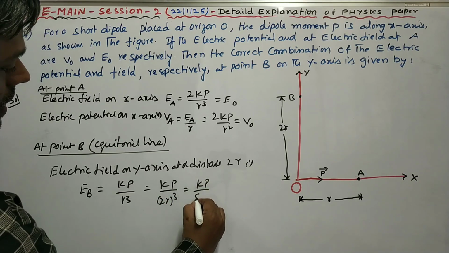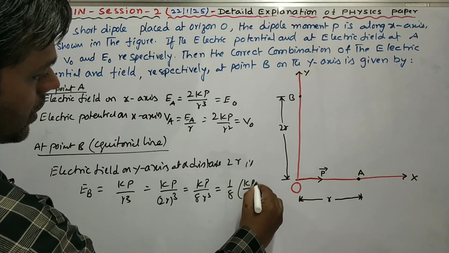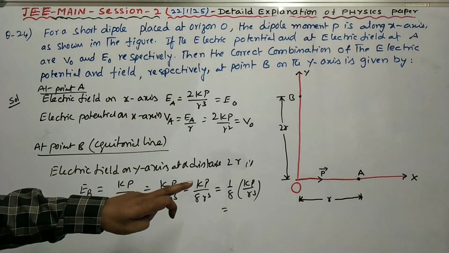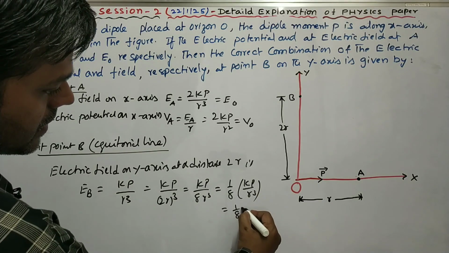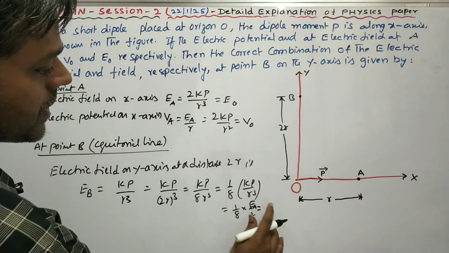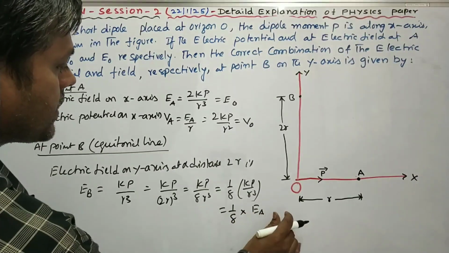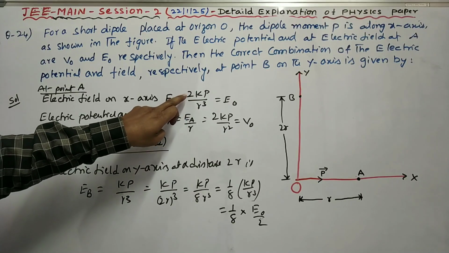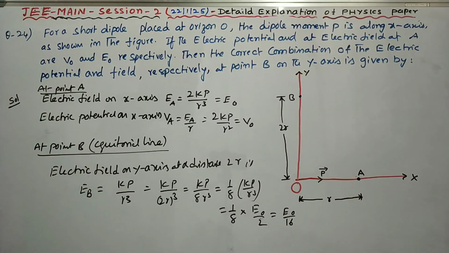It is written as kp by 8 into r cube, so 1 by 8 into kp by r cube. Since kp by r cube is E naught by 2, we get E naught by 16 as the electric field.